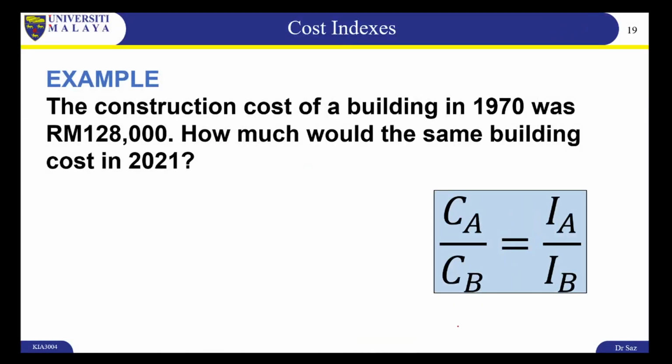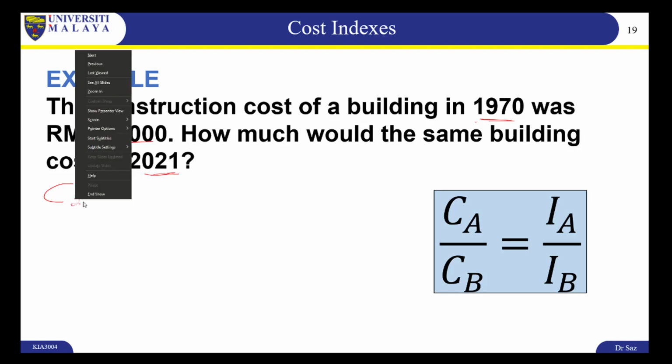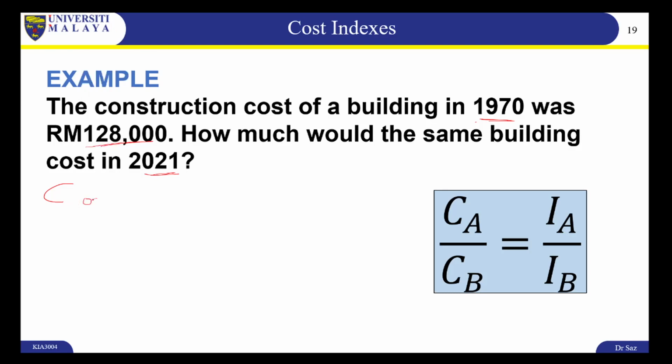The construction cost of a building in 1970 was 128,000 ringgit. How much would it be in 2021? Okay, so we have our formula here, but what are our variables? CA, or in this case, I'll use C2021, is unknown.